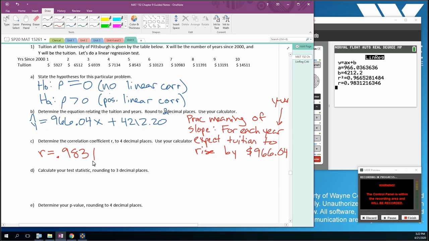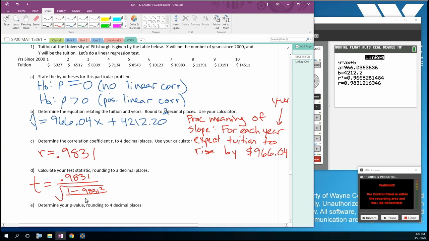So the test statistic, rounding to 3 decimal places, t will be 0.9831 over the square root of 1 minus 0.9831 squared over, let's see, there are 10 pairs of data, so this will be 8.